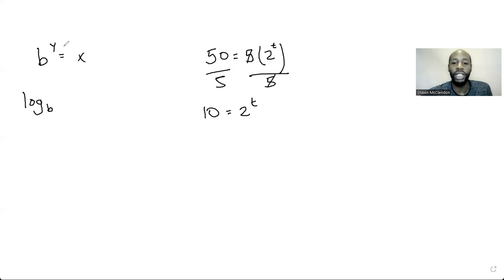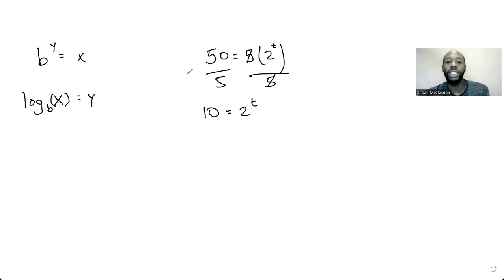The argument of the logarithm is x. And then the exponent is now going to be your answer. The way you read this is, what power of b will give us x? And that power is going to be y. That's how you do that.